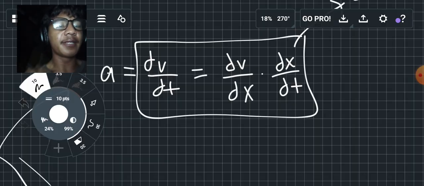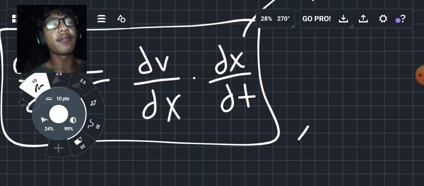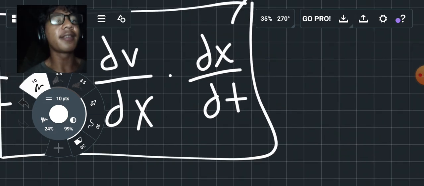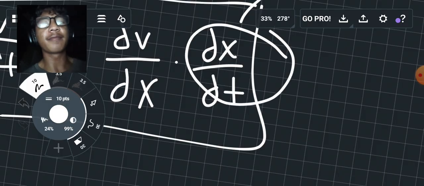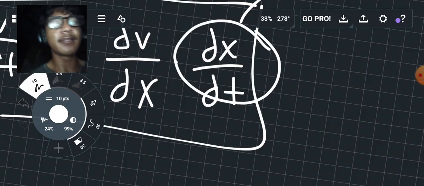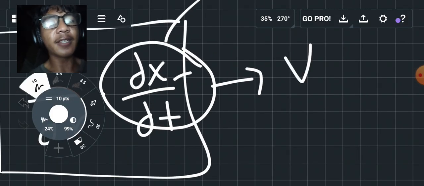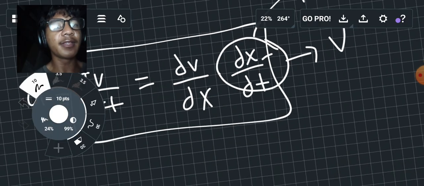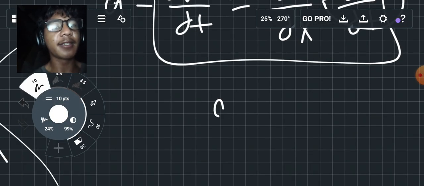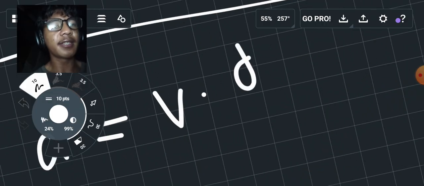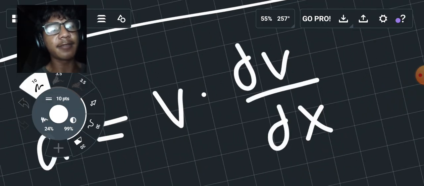And now there we have it. We can now be time independent because look at this. What is dx by dt? Dx by dt is nothing but the velocity vector. So in other words, a is nothing but v times dv by dx.